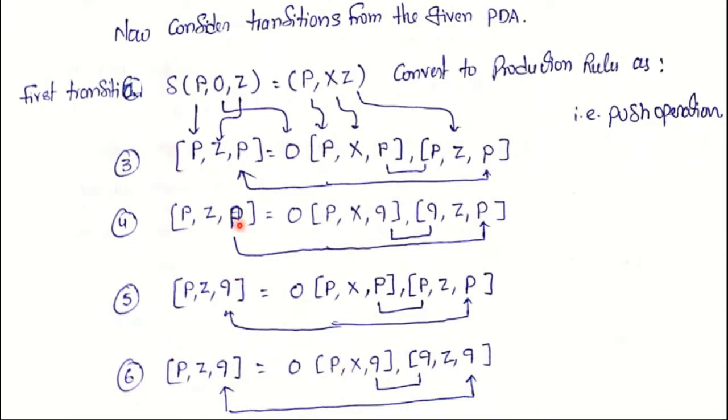So p, z, and the next state by our assumption is q. The input is 0, the current state is p, the top of the stack is x, and the next state by our assumption is p. Again from state p, the next top of the stack is z, and then go to the next state q.